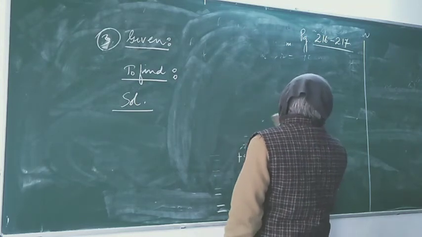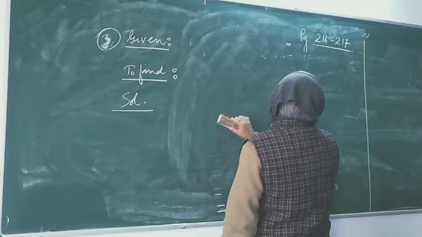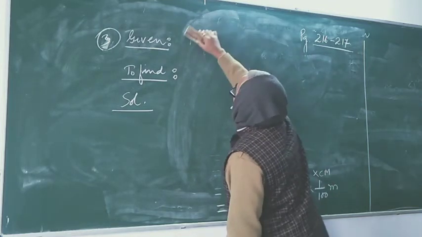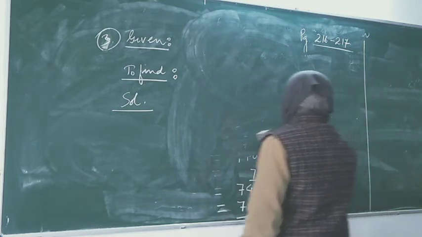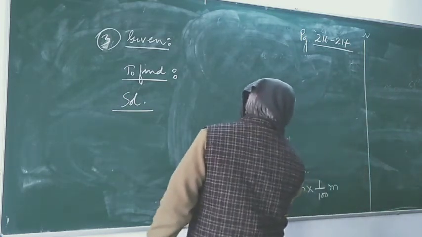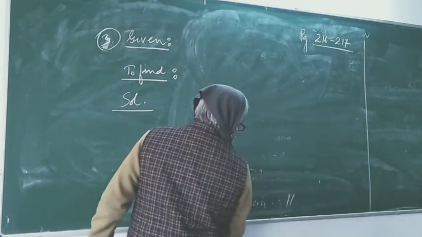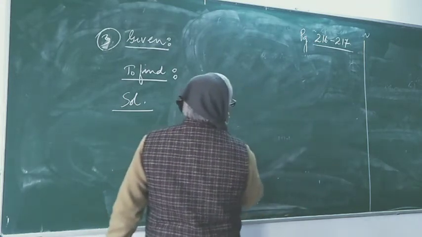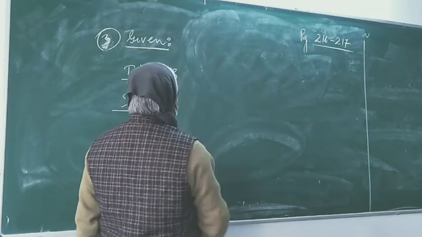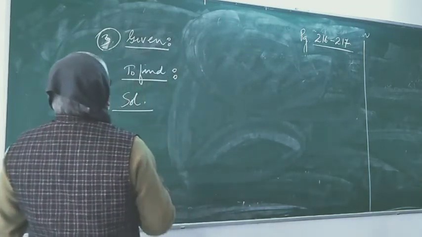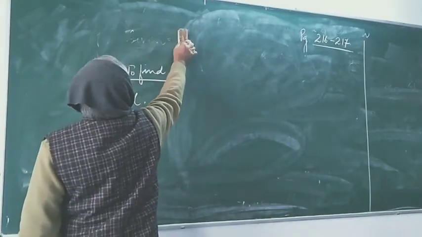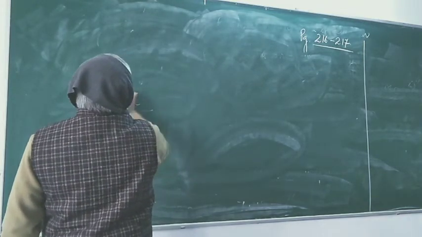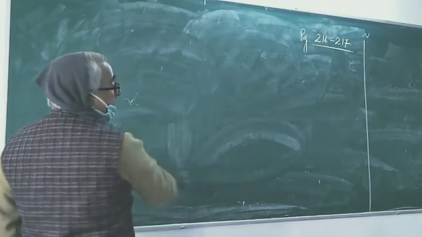Any one of you stand and read the question. A metal pipe is 77 centimeter long. The inner diameter of a cross section is 4 centimeter, the outer diameter being 4.4 centimeter. Find its inner curved surface area, outer curved surface area, and total surface area. Very good question. Try to follow this question with the help of this figure.